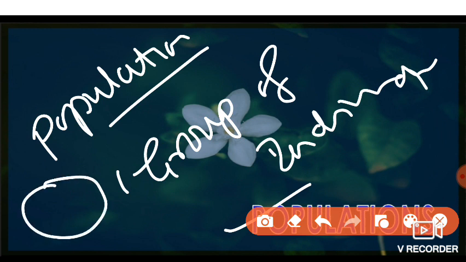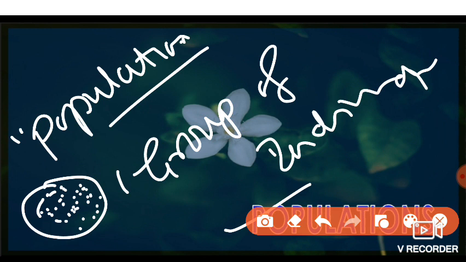A group of individuals in a given area, a lot of individuals in the same space. They should be in the same space. You can take the example of a human population, dog population, or cat population in a given area. Wherever you are in that particular area, the number of humans, we call it a population. In a simple definition we can say it is a group of individuals.